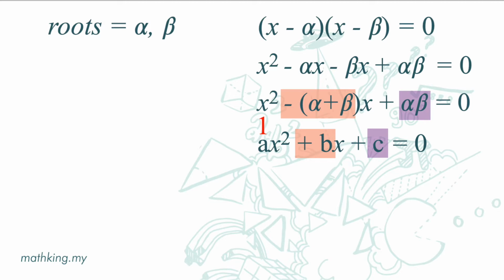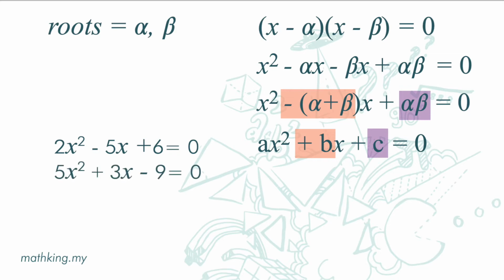If a is not 1, this refers to equations like 2x squared minus 5x plus 6, 5x squared plus 3x minus 9, and so on. Here, we can divide both sides by a. And we get this.